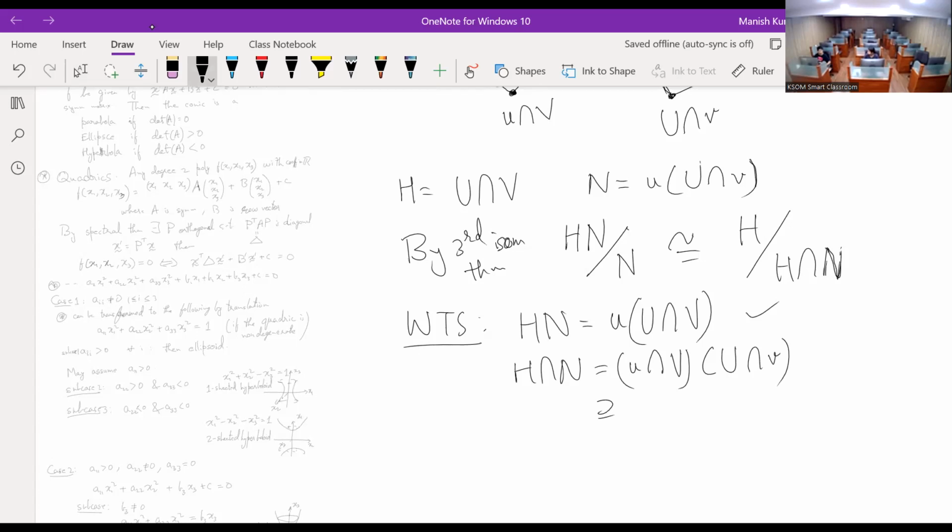Little u intersection V is contained in H. Is that okay? Yes.